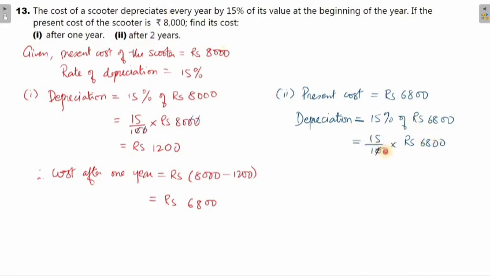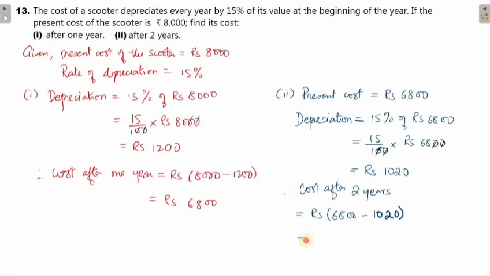Now let's do the cancellation here. 0, 0, 0, 0 gets cancelled. So this is equal to rupees 15 into 68. Multiplying 15 into 68 will give you rupees 1020. So this is the depreciation. Therefore the cost after 2 years will be: the present cost is 6,800, and from here I need to remove 1020.